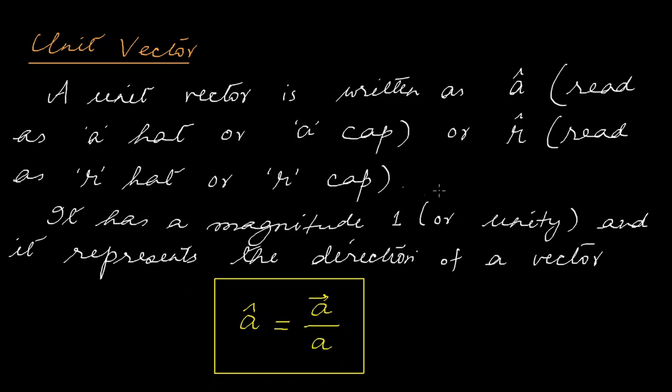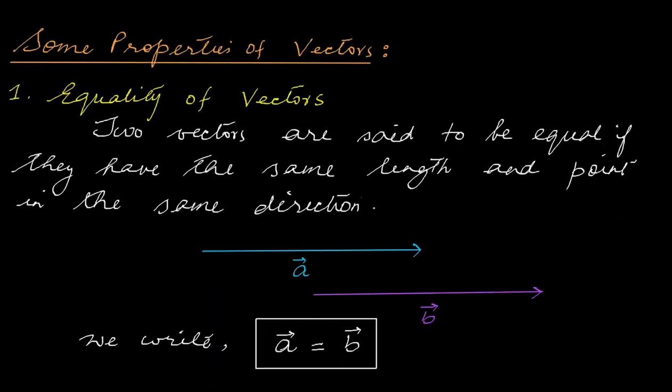So what is the role of the unit vector? It represents the direction of a given vector. So a unit vector A hat is equal to a vector divided by its magnitude or its modulus.